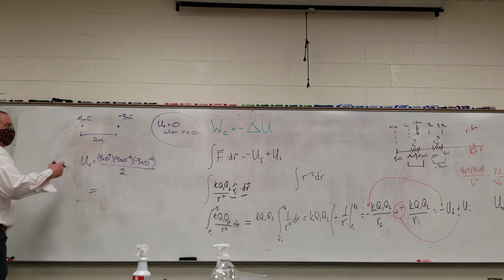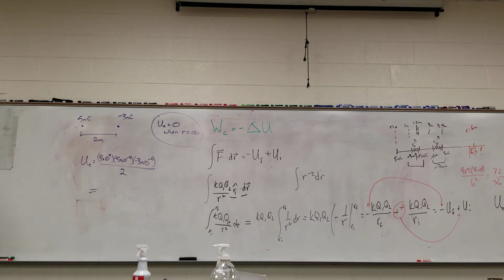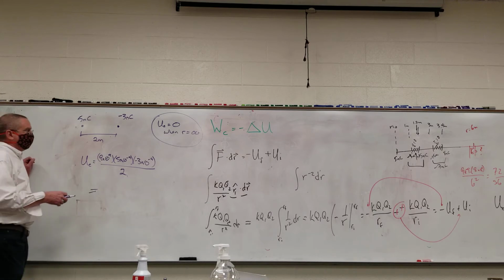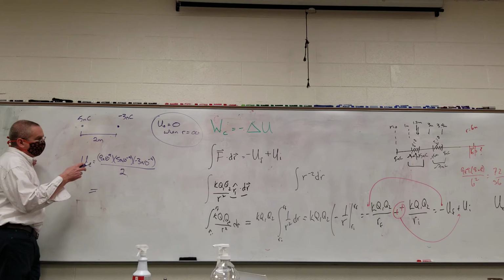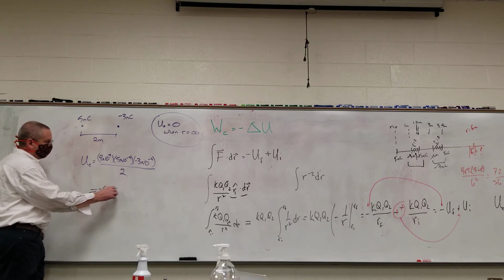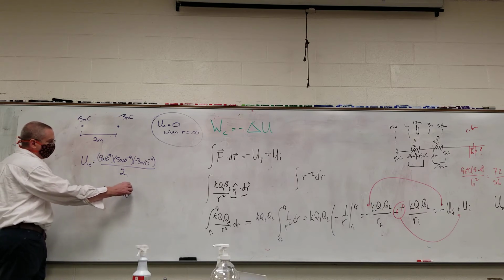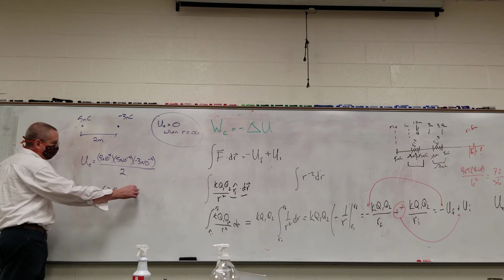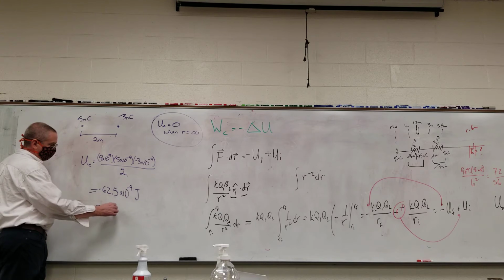It would have been convenient if I had done at least one even number in the numerator. All right, 45, 90, 135, 62.5, negative 62.5 times 10 to the -9th joules.